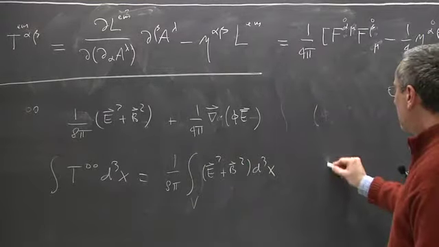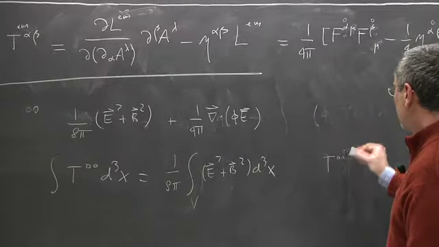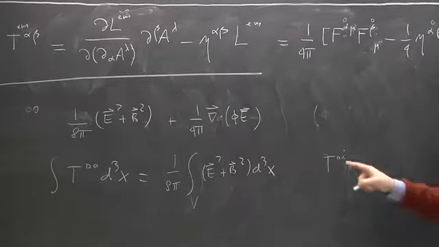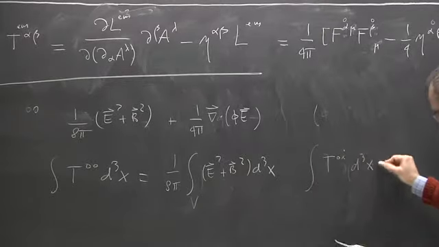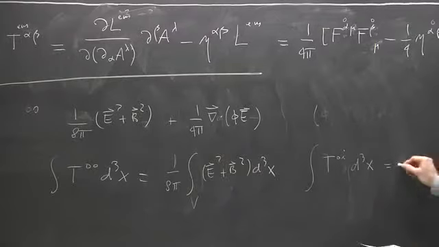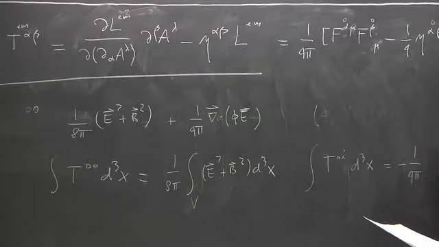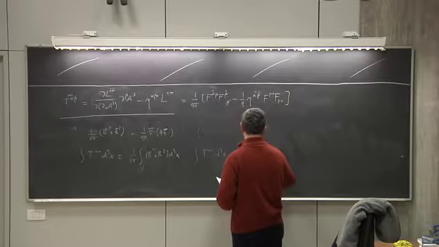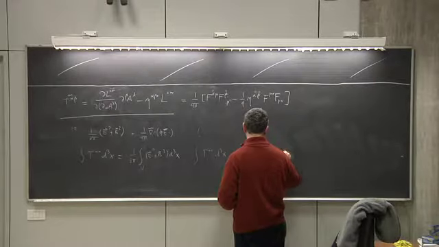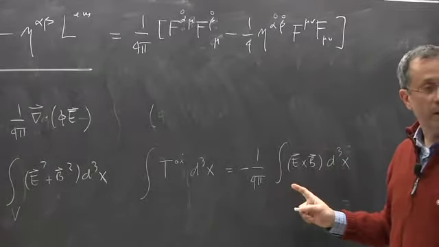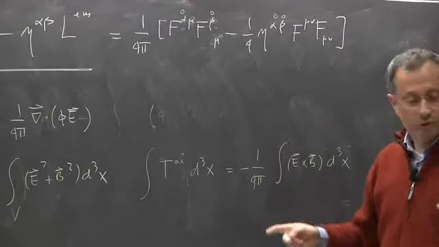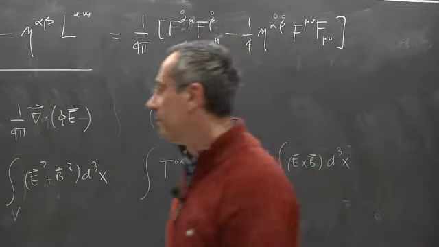Probably you can guess what the time-space component of this object is going to be. When you integrate over a volume, it is going to be 1 over 4 pi times the integral of E cross B. So this is like the momentum, the Poynting vector. Let me finish.